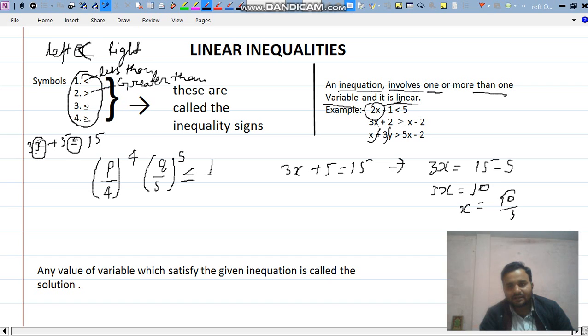So we say 10 by 3 is the solution of this equation. This way we also get the solution for linear inequalities or linear inequations.